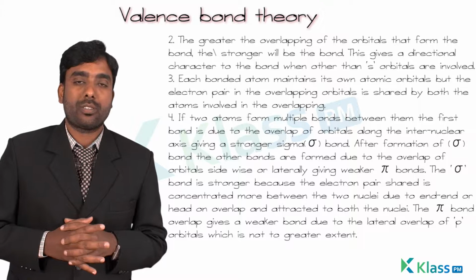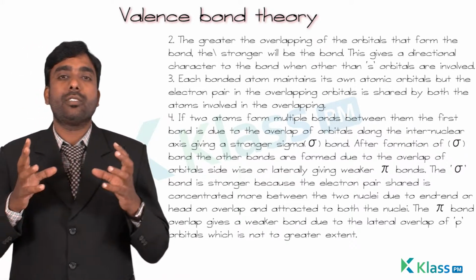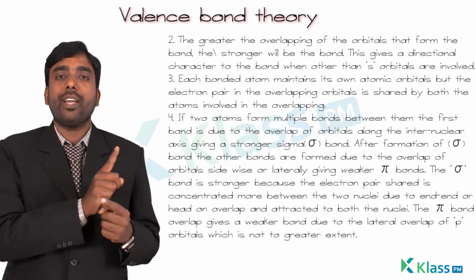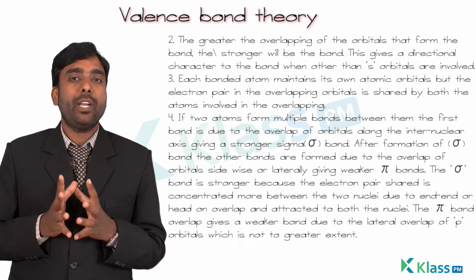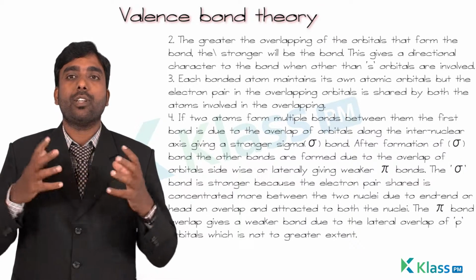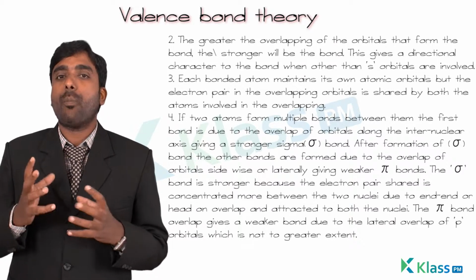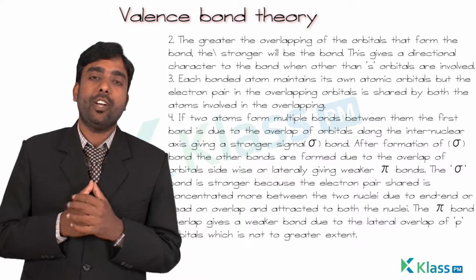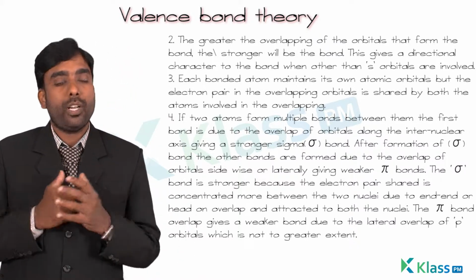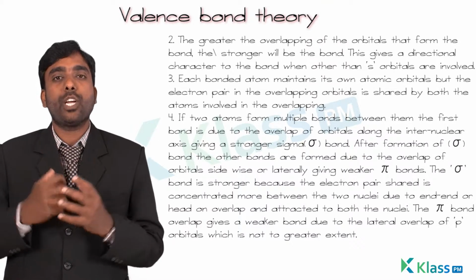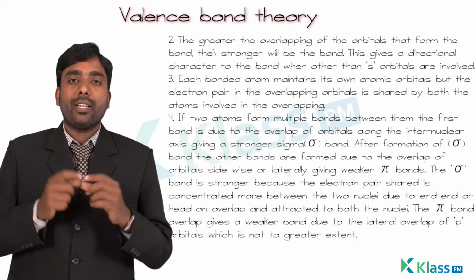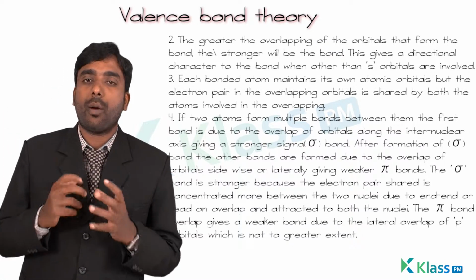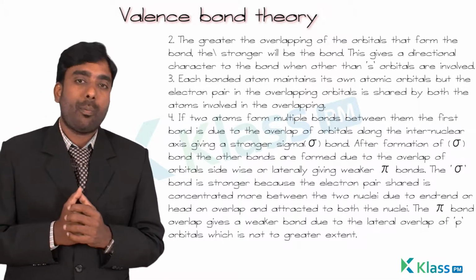Since overlapping occurs to a large extent in the end-to-end overlap, because it is along the internuclear axis, overlapping through end-to-end overlap is to the maximum extent. That's why the sigma bond is a very strong bond. Whenever orbitals overlap laterally or sidewise, a pi bond is formed, and this pi bond is a weak bond, because in pi bond formation the extent of overlap is small when compared to sigma bond formation.